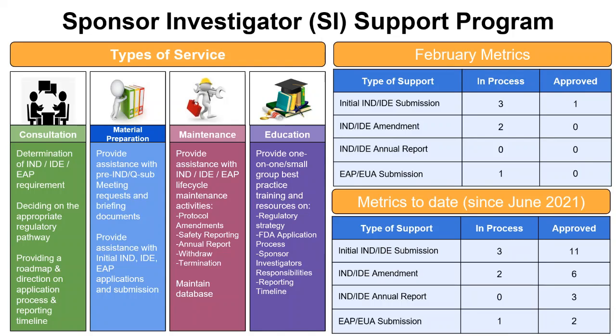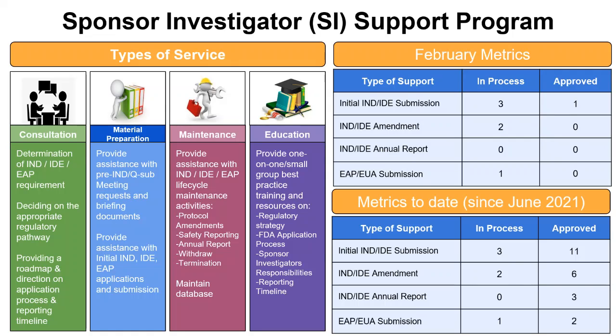At UT Southwestern, we have a total of approximately 52 active INDs and 4 IDEs held by UT Southwestern sponsor investigators. Right now, these figures are just estimates. They're likely to increase once the landscape analysis has been completed.